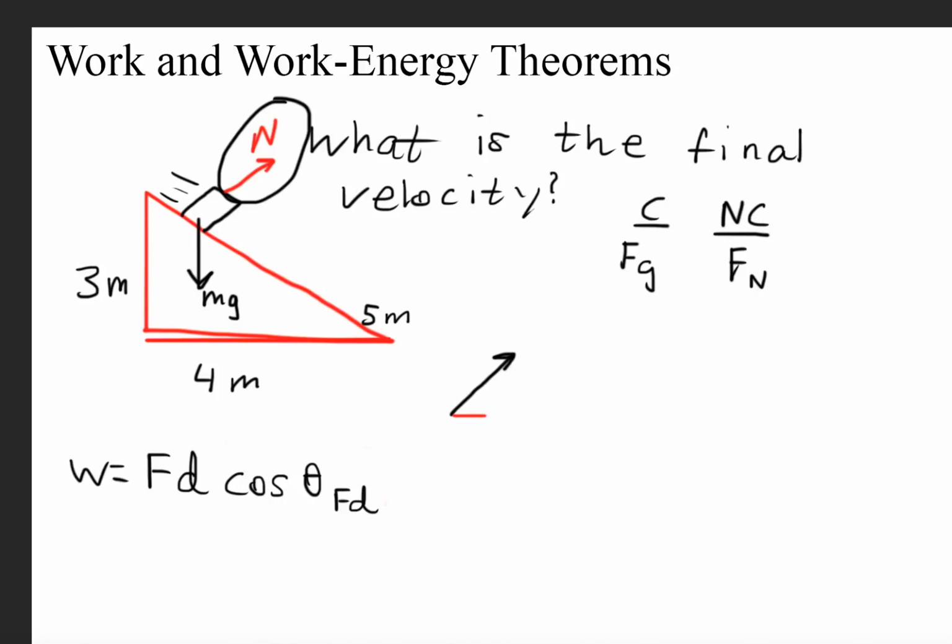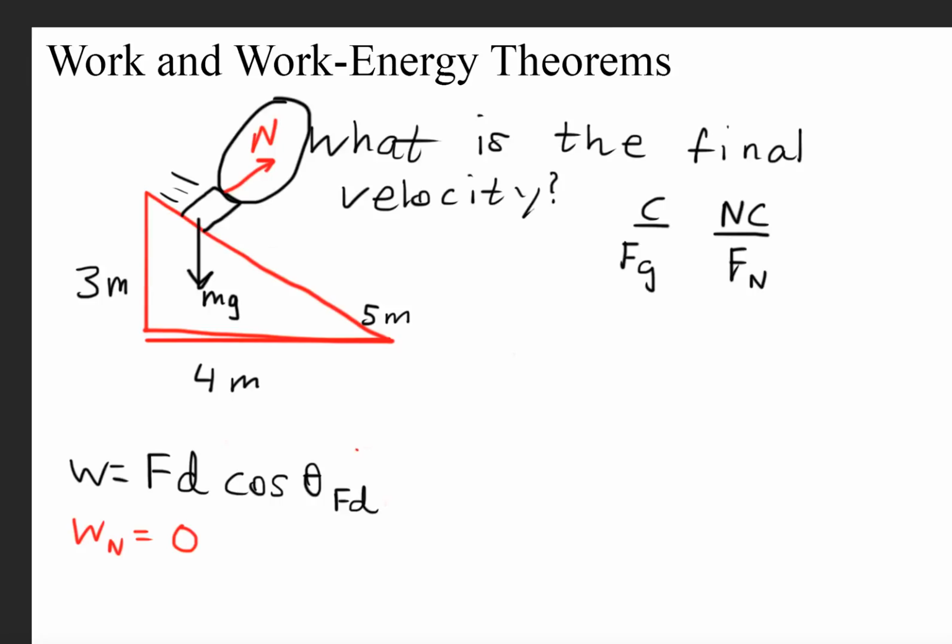So if we connect these for a moment, the red symbolizes my displacement vector, and the black symbolizes my normal force. You can see here it forms a right angle of 90 degrees, and the cosine of 90 degrees is 0. So work by the normal force is 0. And this is what I mean by it does no work if you get a value of 0.